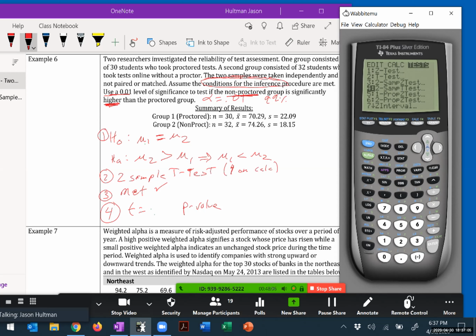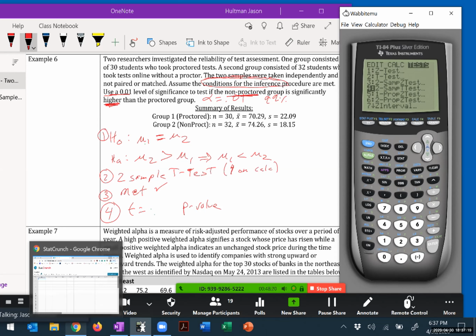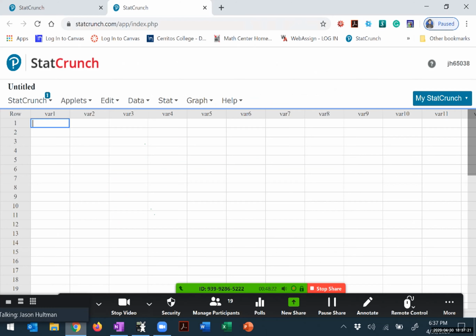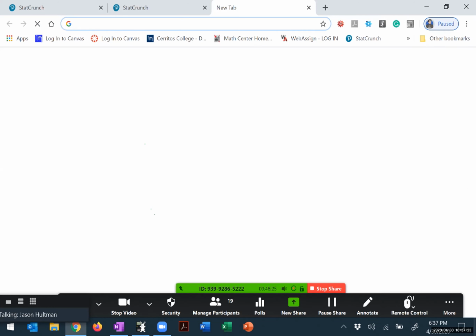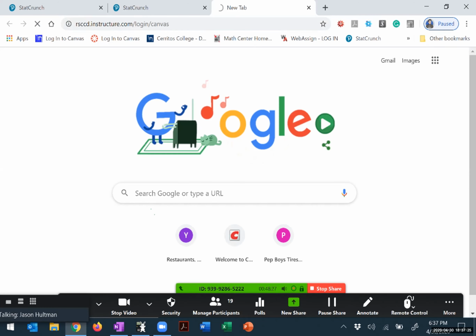You should have access to a calculator like this. If you're running your own personal computer, you can download the software for free, and that's on the Canvas page.